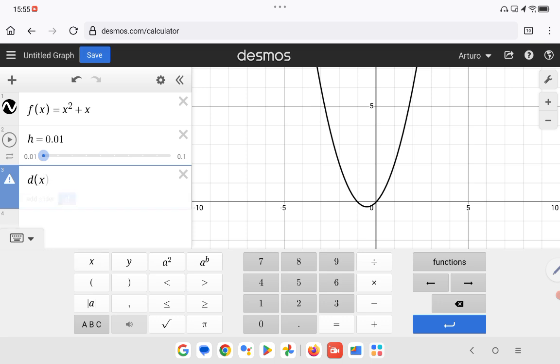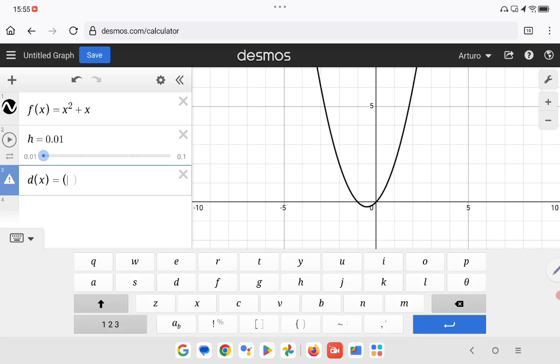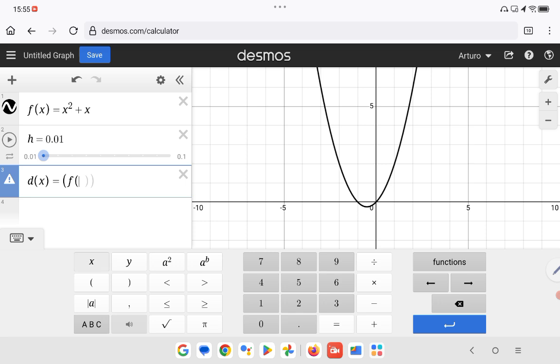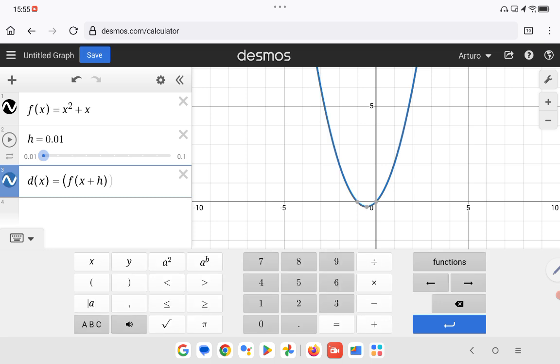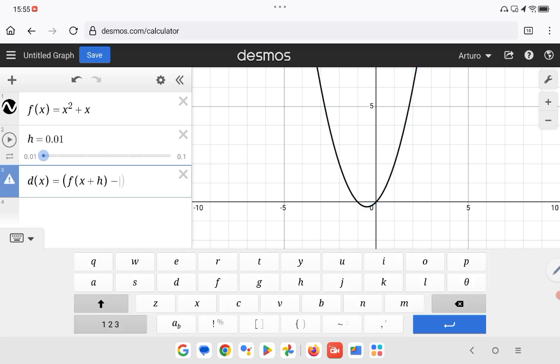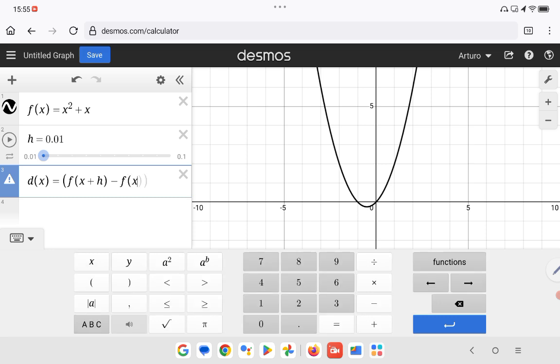Suppose we have d of x, another function that depends on the former, which is going to be equal to f of x plus h, and then we subtract the function of x, and divide by h.